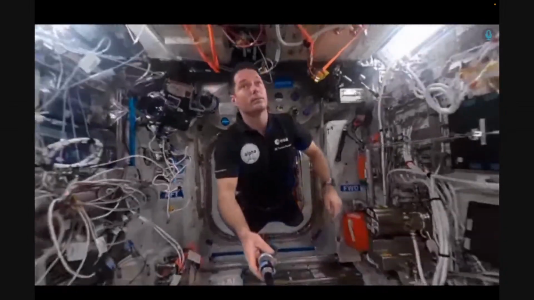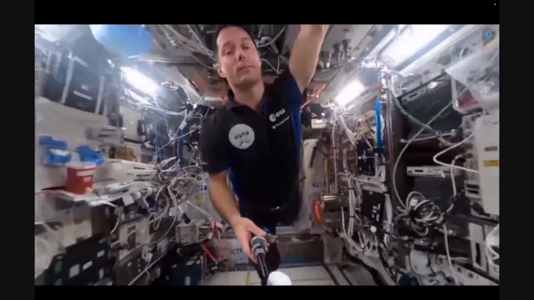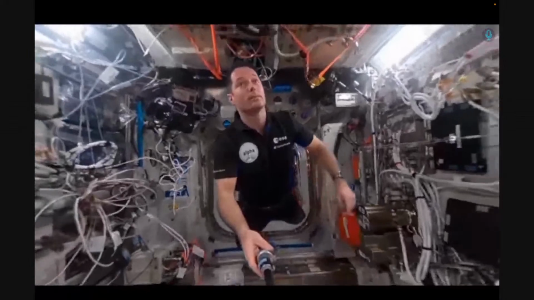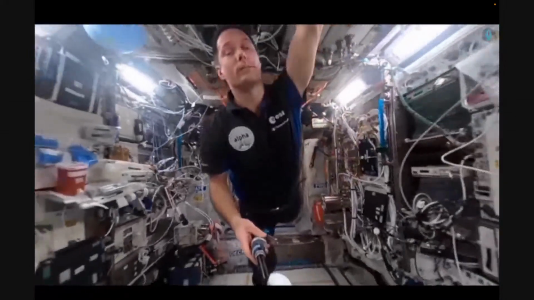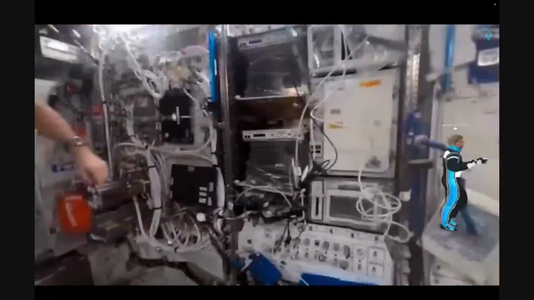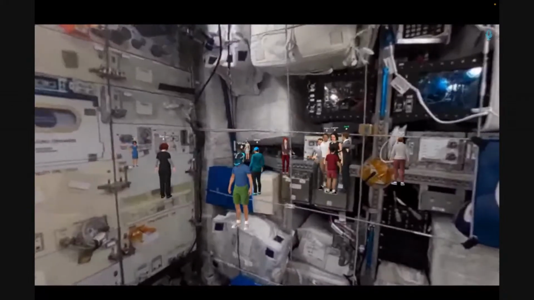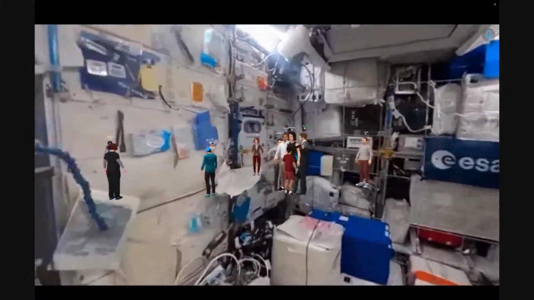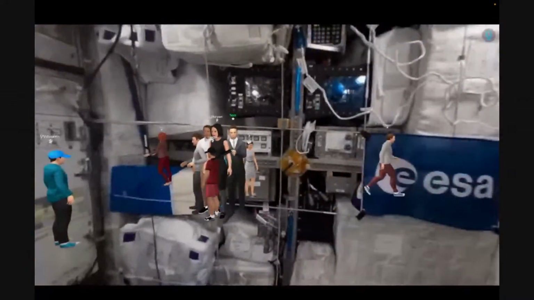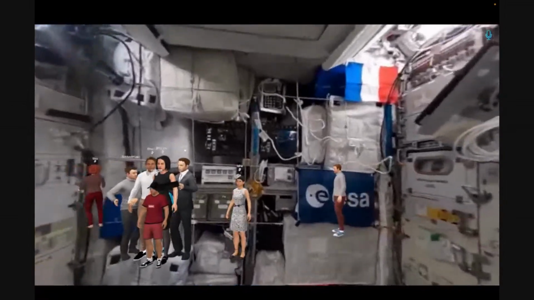I'm going to pause the video here. This is the European laboratory where the astronaut Thomas Pesquet, the person taking the video, worked during his mission. His mission was called Alpha. That's the patch on his shirt. Surrounding you, you can see all the research experiments conducted by the European partner countries during Thomas Pesquet's mission.